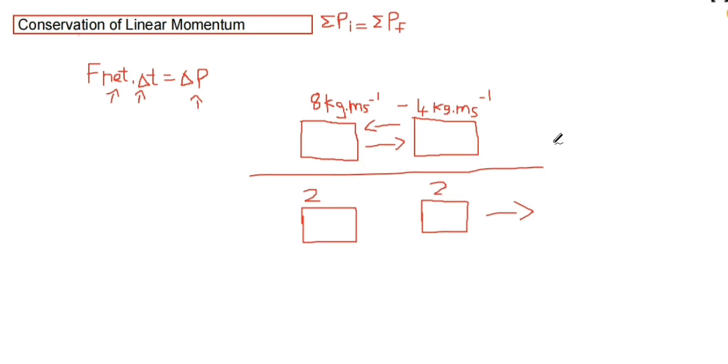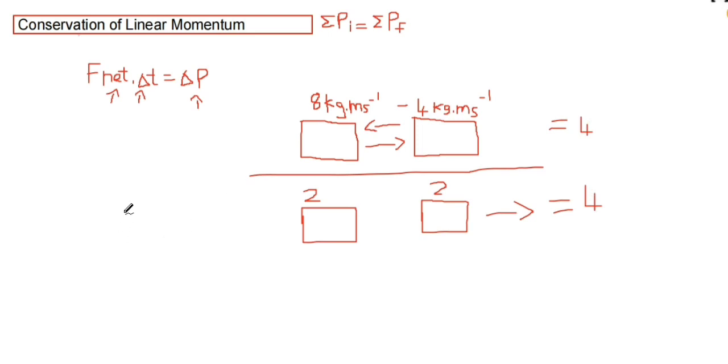Does the momentum remain the same? Let's see. If you add 8 kilograms times meters per second and minus 4, you should get an answer of 4. And down here, if you add 2 and you add 2, you should also get an answer of 4. That's what we mean when we say that momentum is conserved.